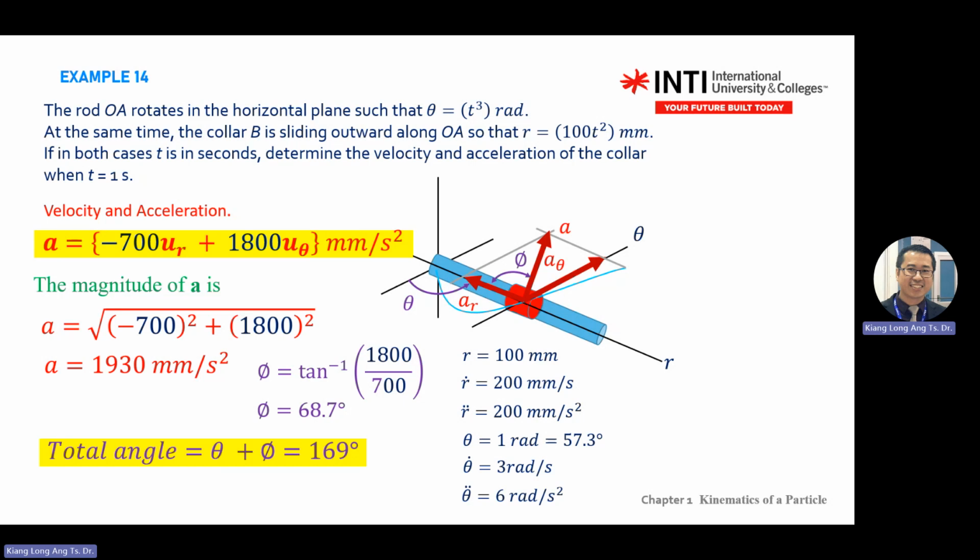Okay, let's say from the starting, you draw in your diagram A theta and AR like that. You solve the question, and at the end you get a negative. A equals negative 700 UR plus 1800 U theta. What does it mean? This one is R, right?